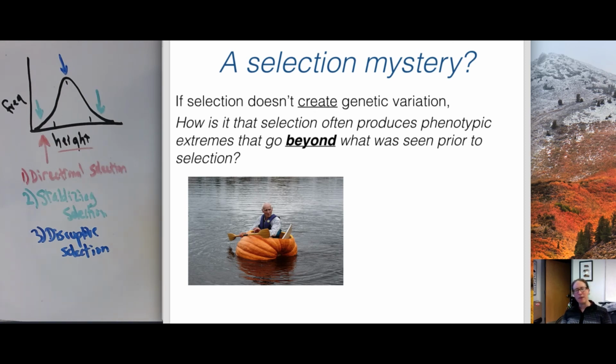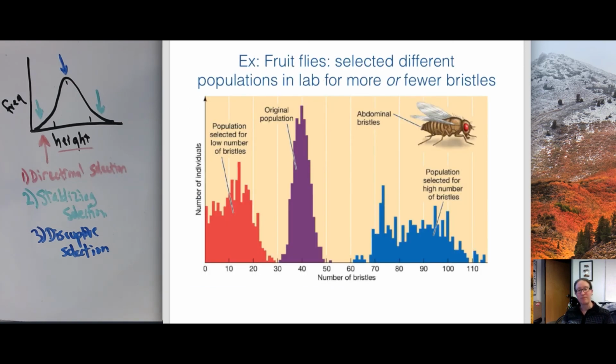For example, if you go out in the wild and look at squashes, you'll find squashes that vary in size, but you will not find a squash as big as this pumpkin that this guy is paddling around in. Here's a phenotypic extreme that has gone well beyond what you see in the wild. So how on earth did this pumpkin result in the absence of creating genetic variation?